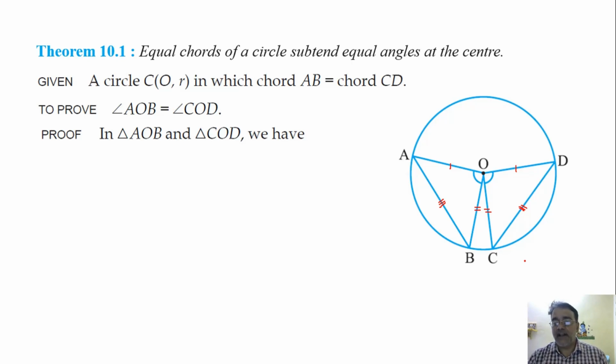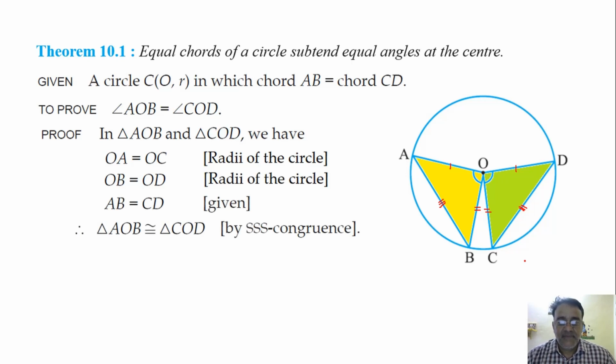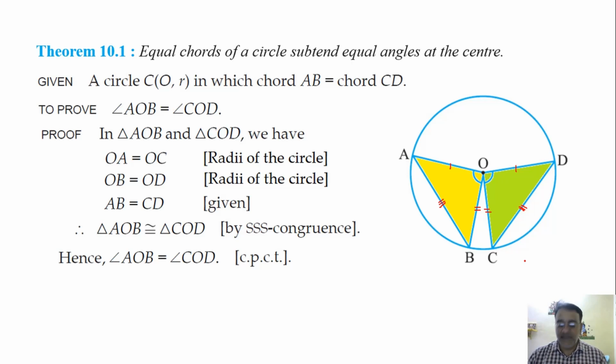So these two triangles are congruent by which criteria? SSS criteria. So if these two triangles are congruent, we conclude that angle AOB is equal to angle COD. Why? CPCT. So this is the first theorem of the chapter.